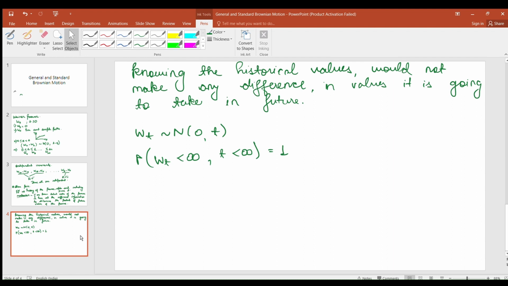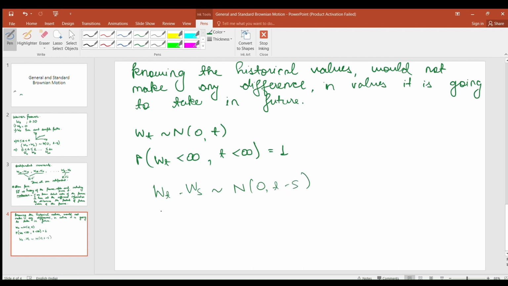Okay, so we have here W_t as normal(0, t). How it comes over here, we will see. It is very simple. As we have studied, the third property, that W_t minus W_s follows normal(0, t minus s).